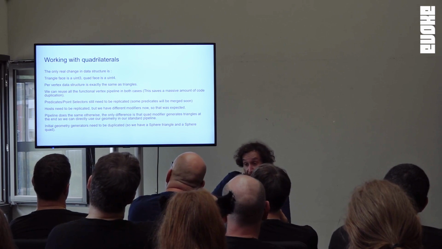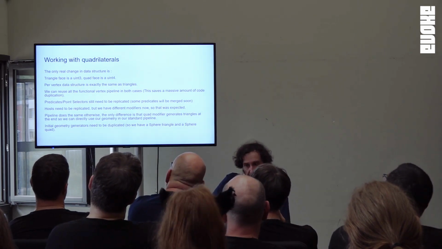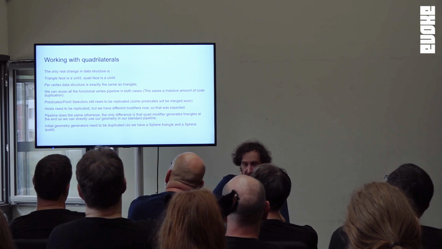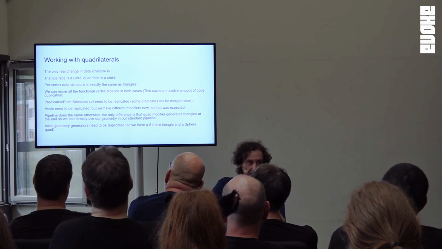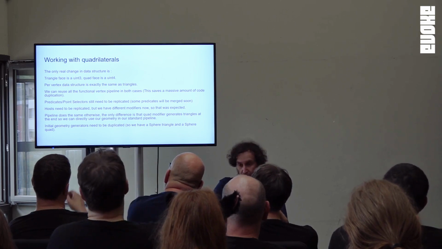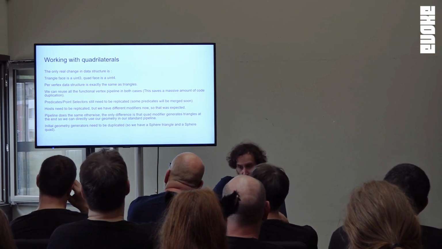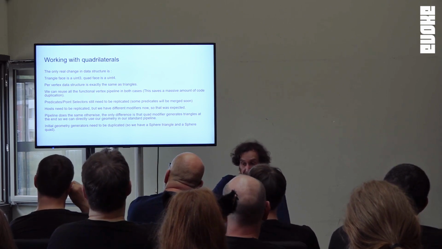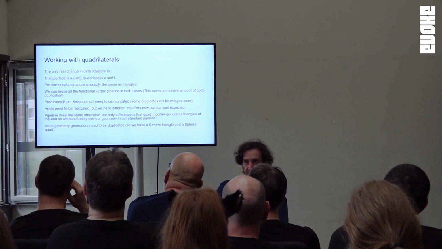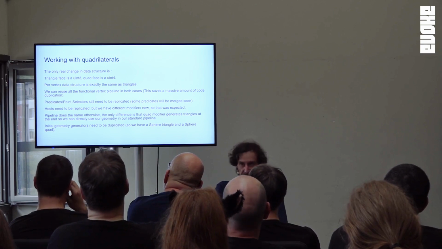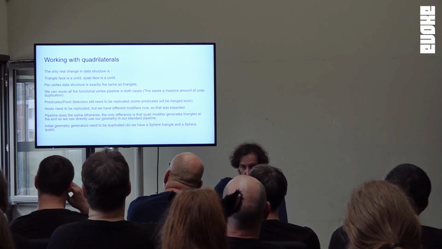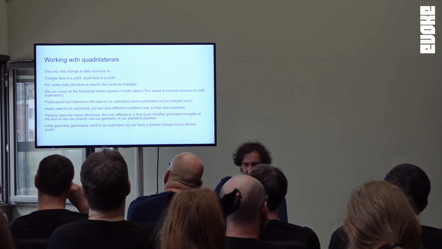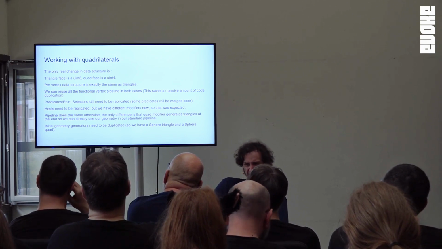So yeah, triangle face is uint3, quad face is uint4. Per-vertex data structure is exactly the same as triangle because it's just vertices. So we have zero change. It's pretty awesome. That means all the vertex pipeline with all the functional things we had, we can reuse immediately. Predicate points need to be replicated, but that's something I'm working on.